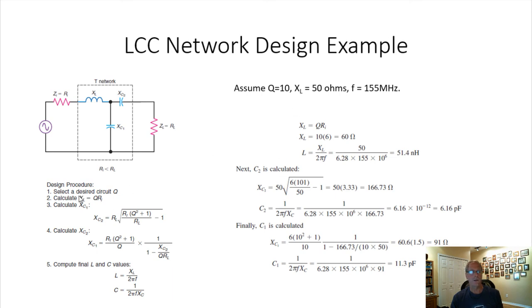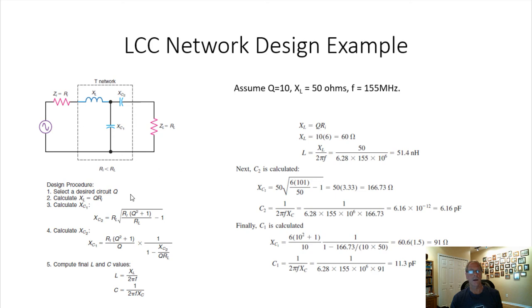So first, select the desired Q. I'm going to say Q is 10. This example is in the textbook. The load impedance is 50 ohms, and the frequency is 155 megahertz.